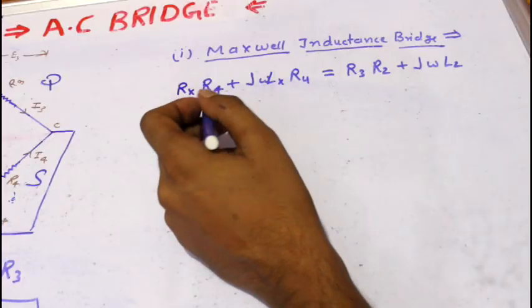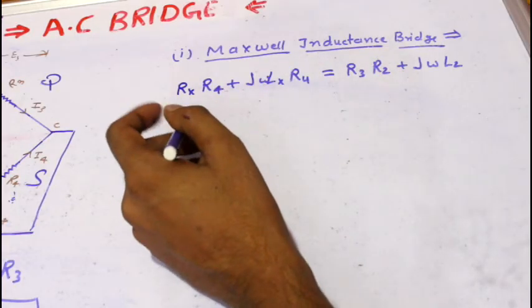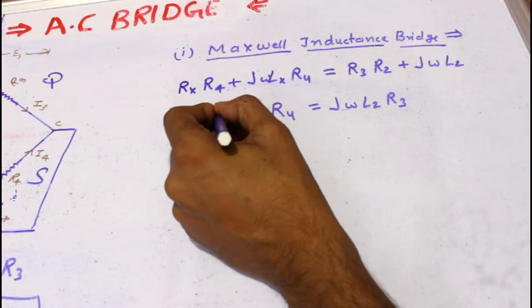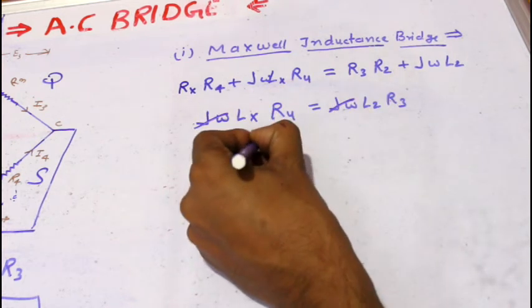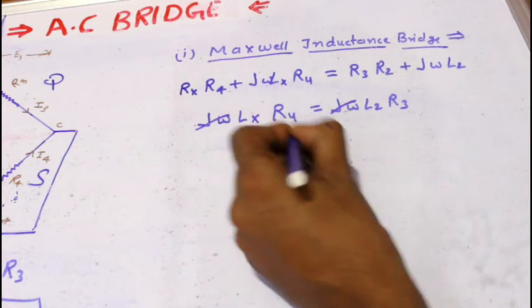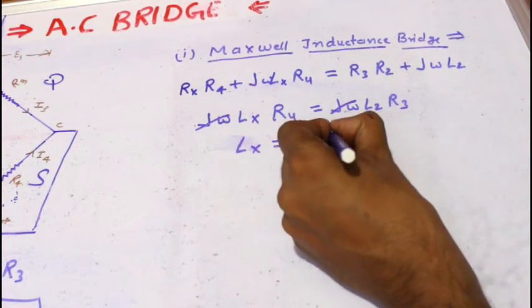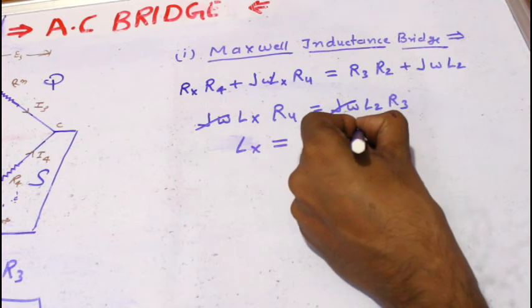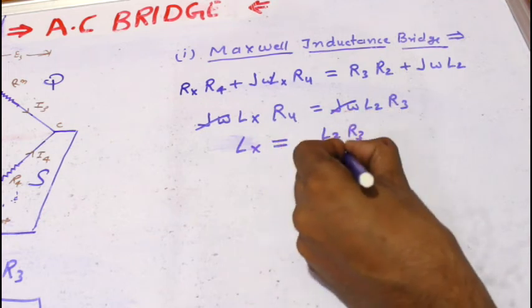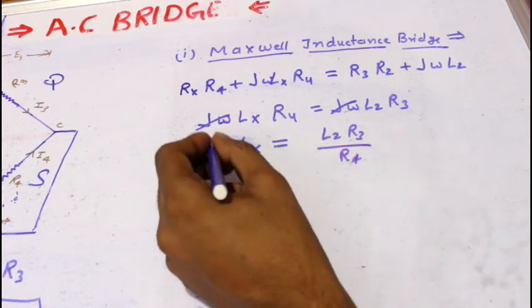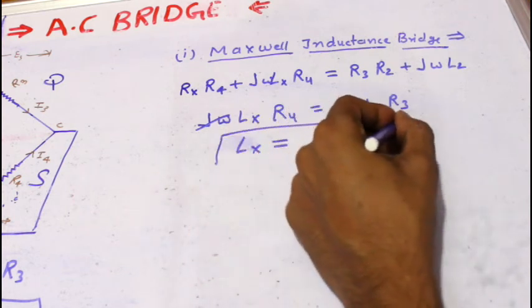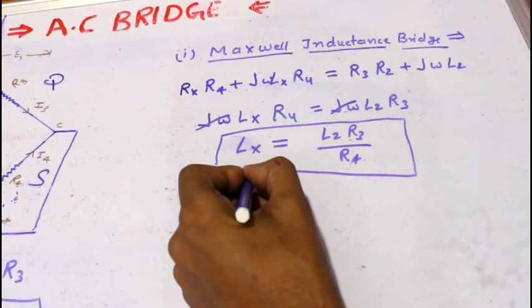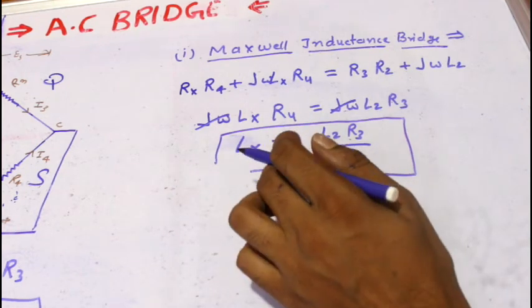Now equating the imaginary part of this equation, j omega cancels on both sides. Then we find the value of Lx. Lx is equal to L2 R3 divided by R4. This is the unknown value of inductance in terms of a known value of inductance.